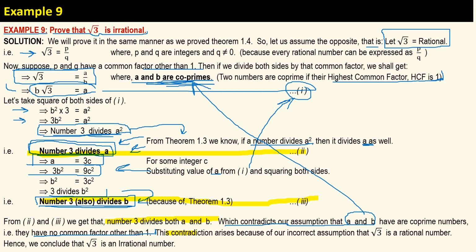Now this contradiction arises because of our incorrect assumption that the square root of 3 is a rational number. So we conclude that the square root of 3 is an irrational number.